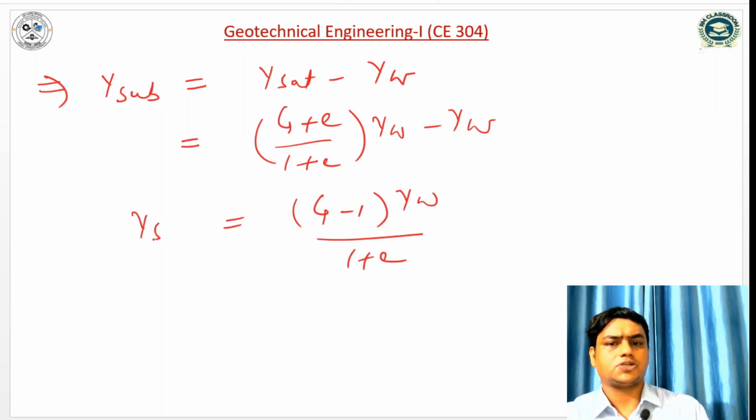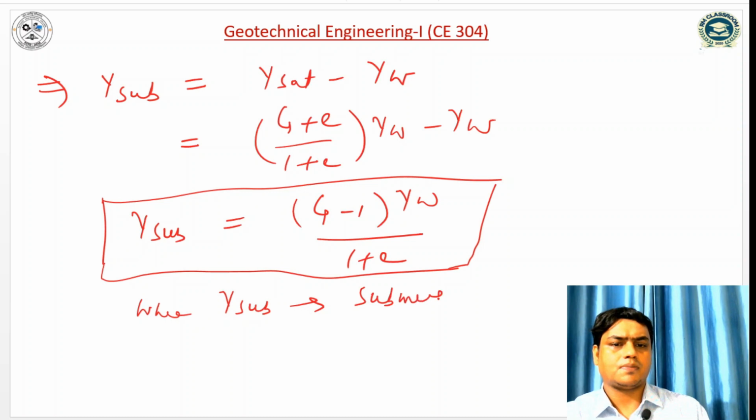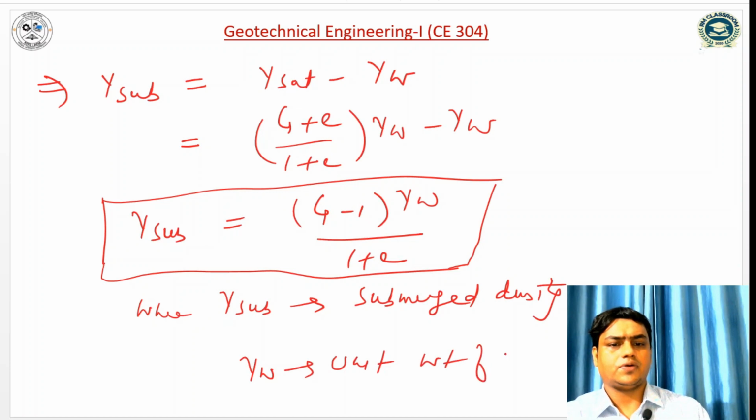So this is the expression of submerged density, where gamma submerged is the submerged density, gamma W is the unit weight of water.